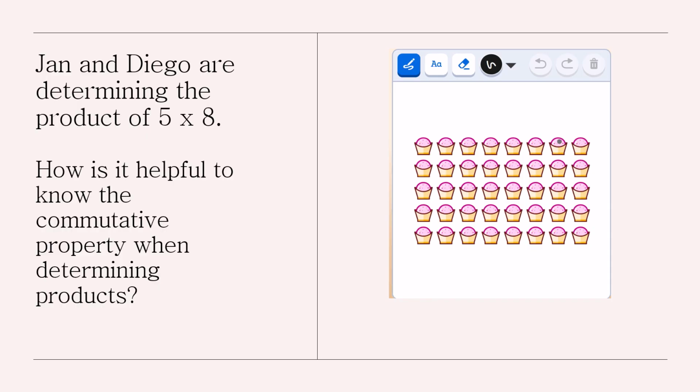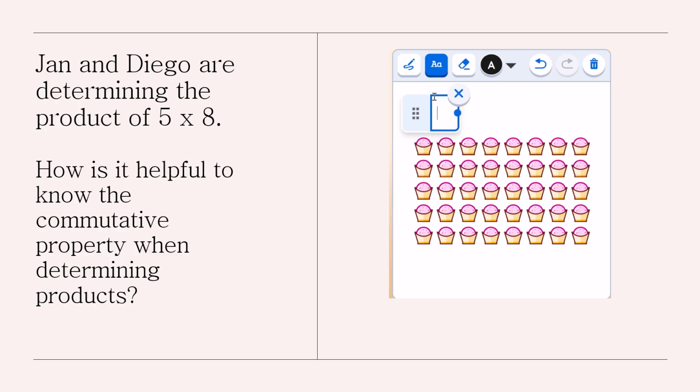Here's a page where they need to explain or respond to a question that says Jan and Diego are determining the product of 5 times 8. Let's look at what they would do over here. They have their pen tool or their text tool. The question is, how is it helpful to know the commutative property when determining products?